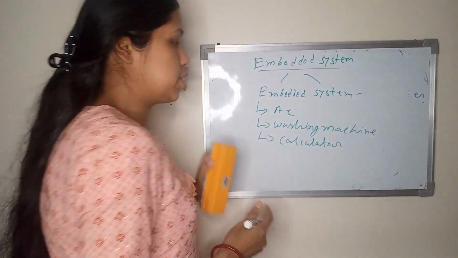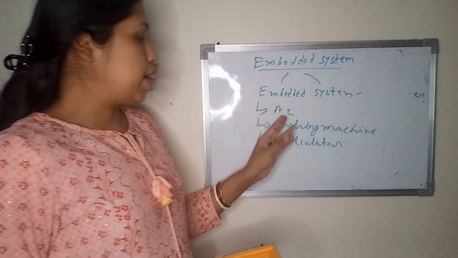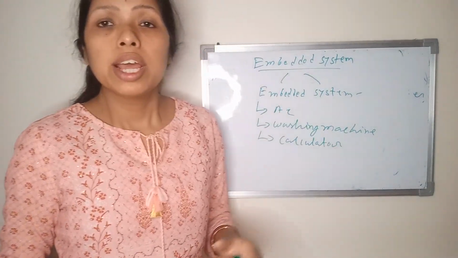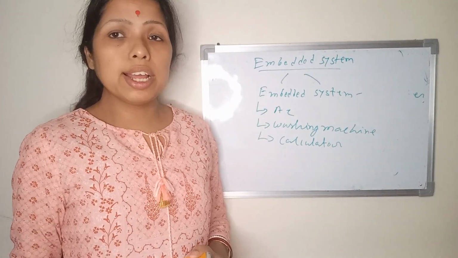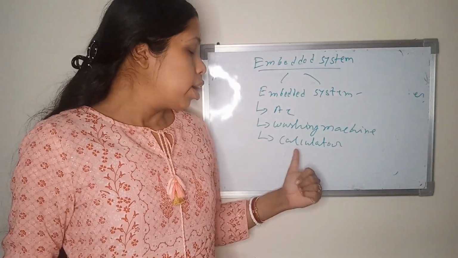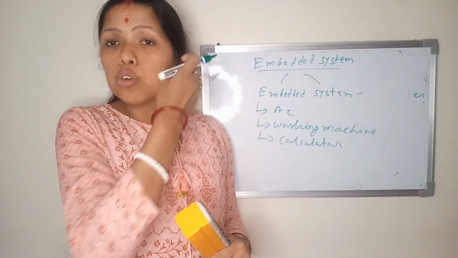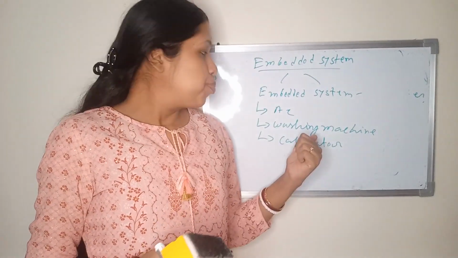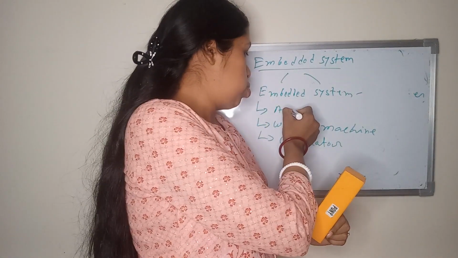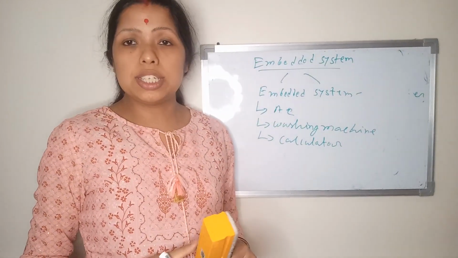Lots of applications are there. The washing machine has only one application: it can clean the clothes. The calculator has the capability to do mathematics. And the AC controls the temperature, right?